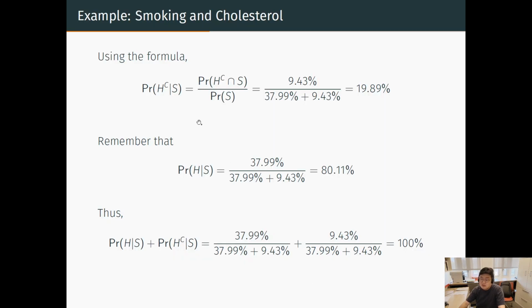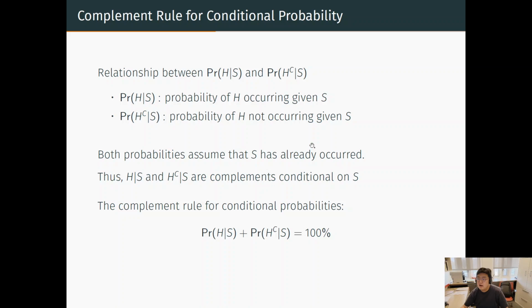So that means mathematically we may derive this rule. Always for any event, if their conditions are the same, then the complement rule applies again. So for any given the same condition, if the main event is complement, then their sum should be 100%. Okay, and that is the complement rule for conditional probability.